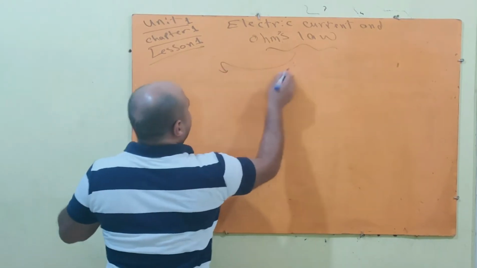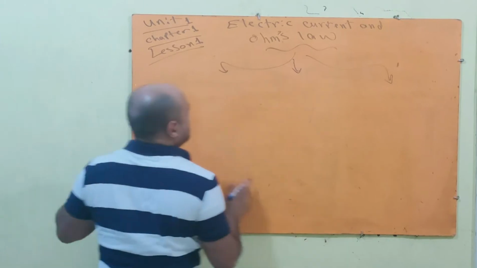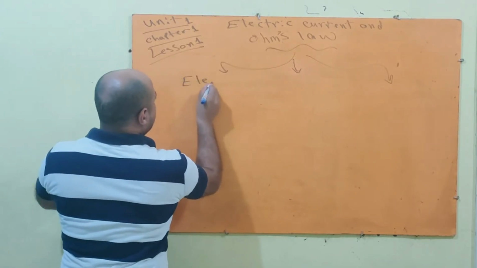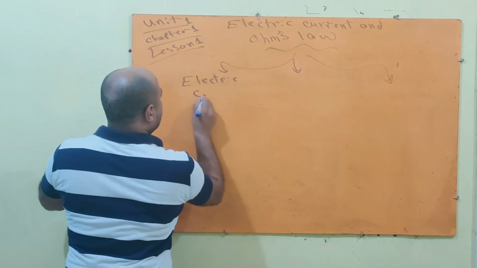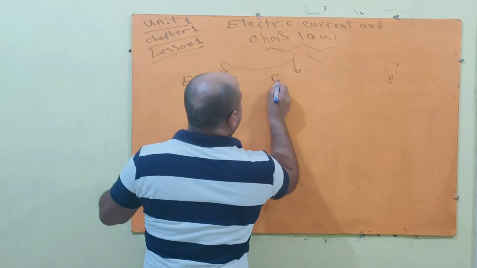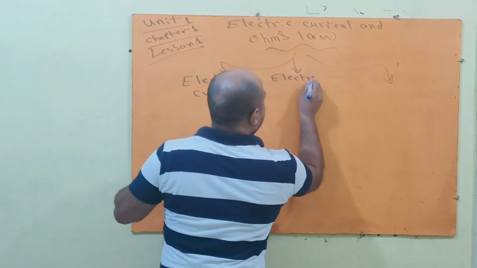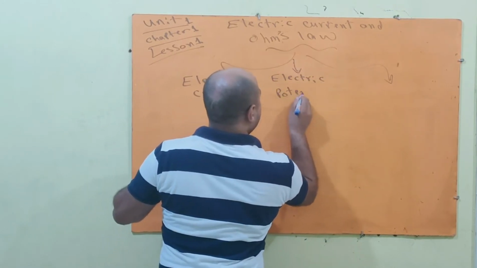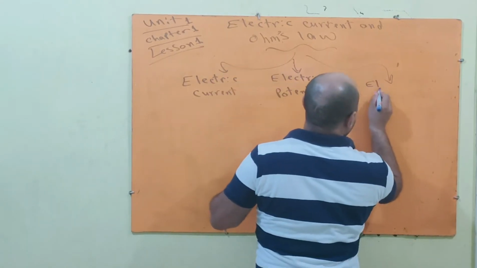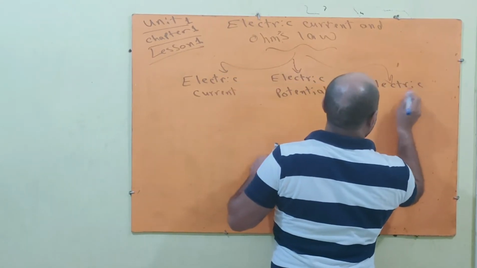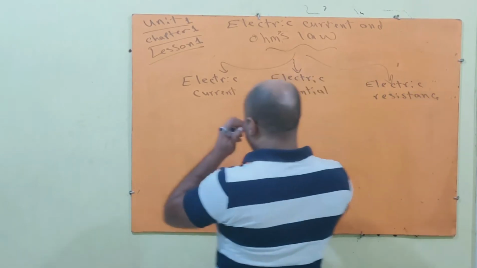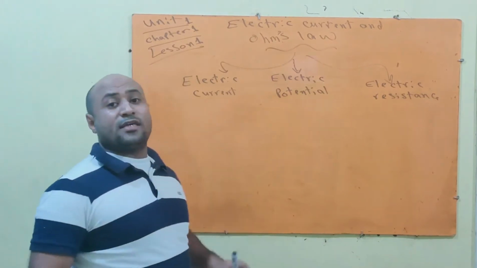electric current, electric potential, and electric resistance. These are the main concepts of electricity.